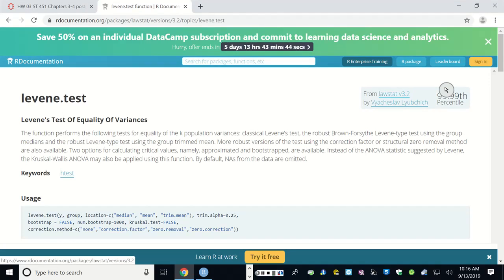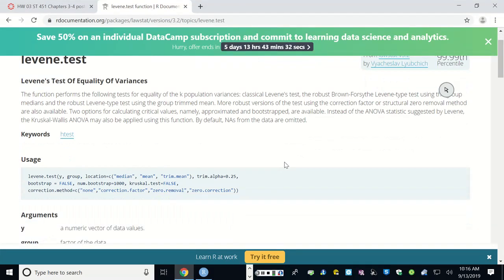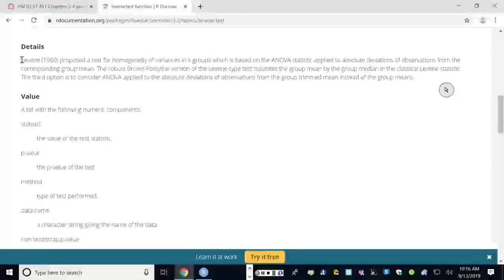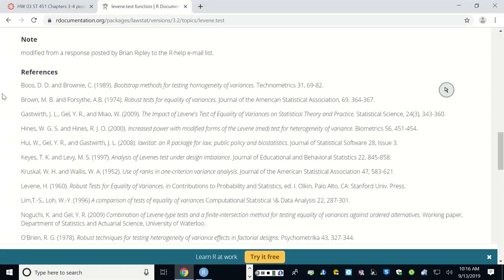And then there are some alternatives to use median, mean, trimmed mean, and so on, some variations on the test that people have explored. This help file tells you all that. It gives a little history: Levene, 1960, proposed a test that's a little bit more general. And then it gives some references.